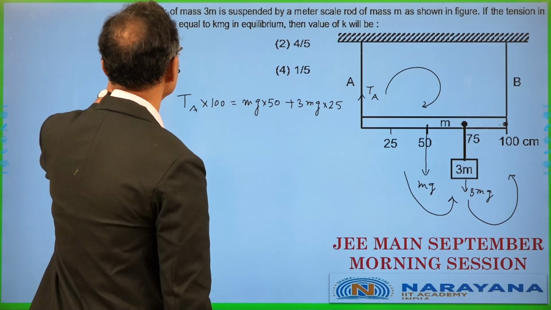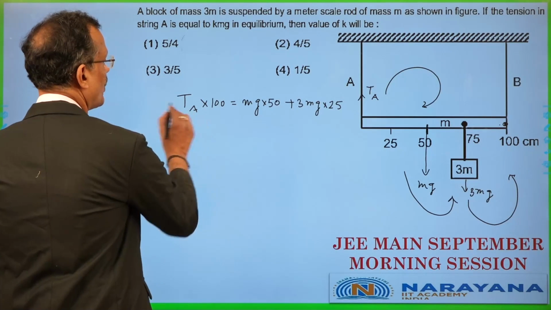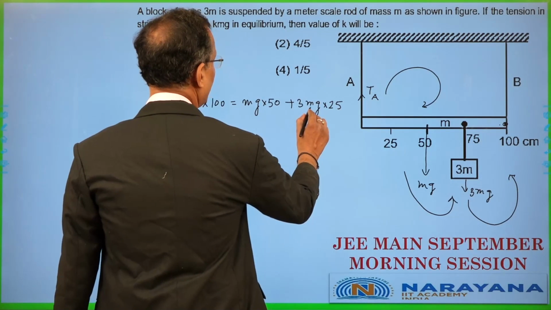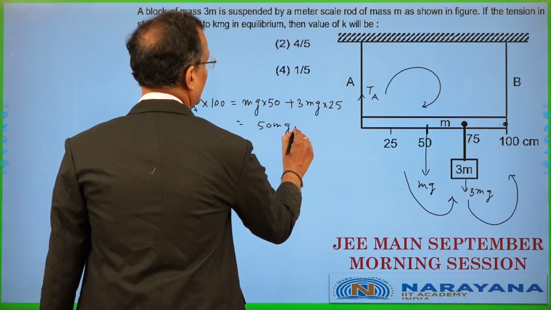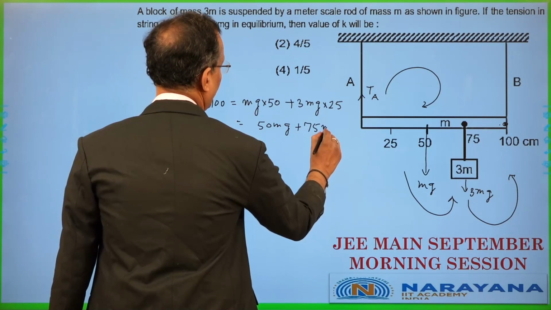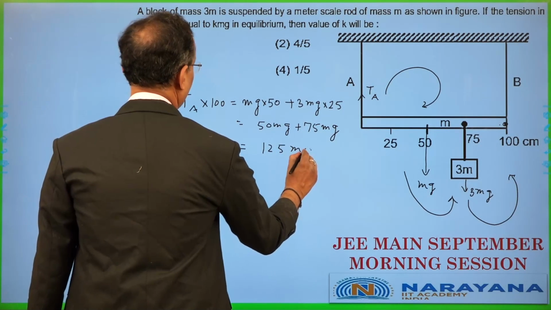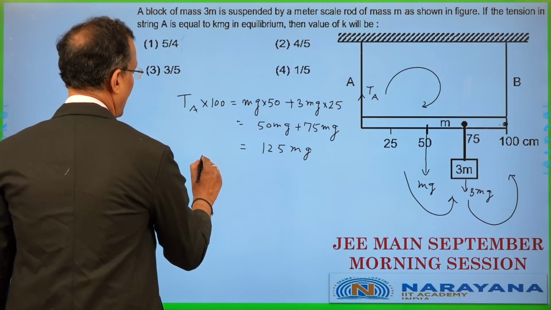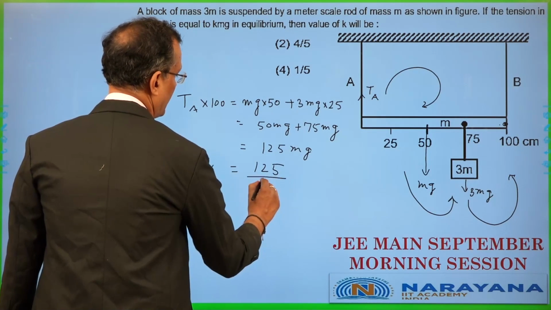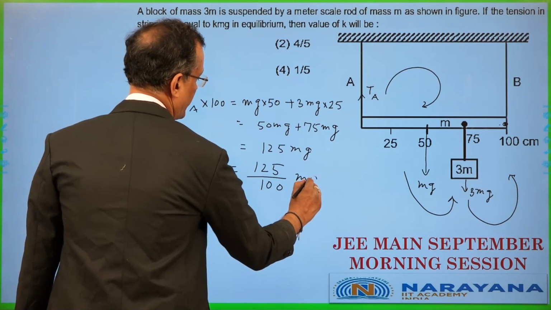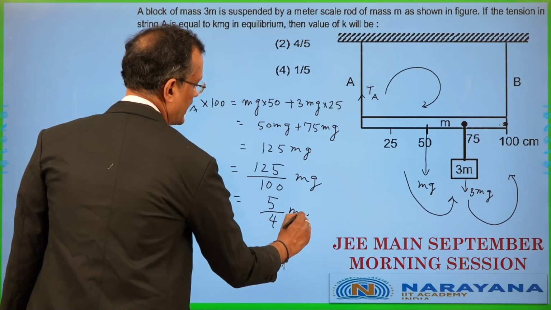If the tension in string A is equal to kmg, we want TA. 3mg into 25, so it is equal to 50 mg plus 75 mg. This is equal to 125 mg, and you will go for TA. This will become 125 by 100 mg. This is 5 by 4 mg.